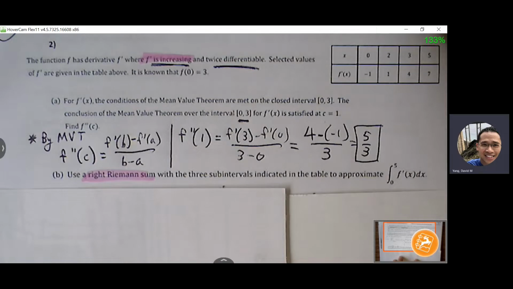Four minus -1 is 5, 5/3. And we can guarantee that there's a slope of 5/3, and they're telling us to satisfy the c equals 1, so we know at 1 there's going to be a second derivative value of 5/3.